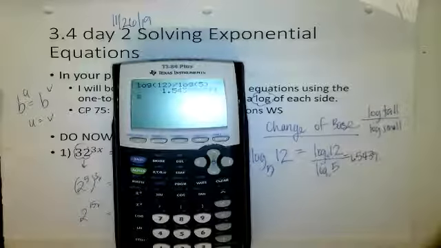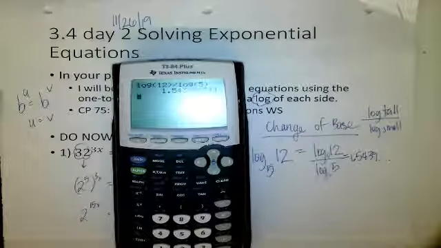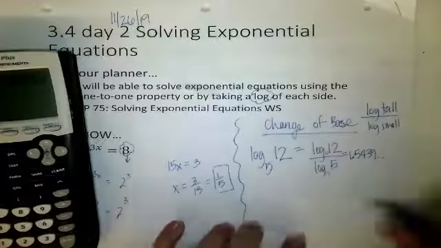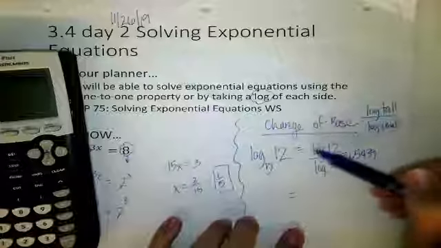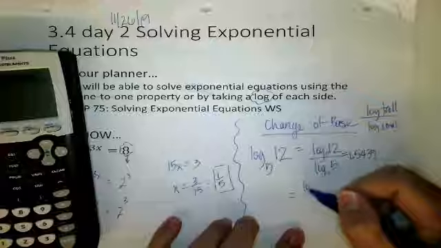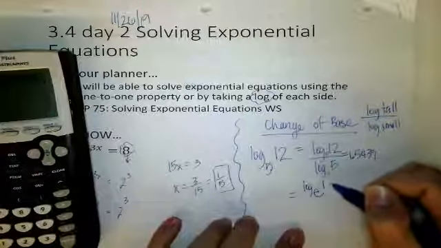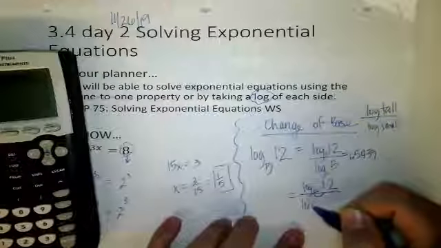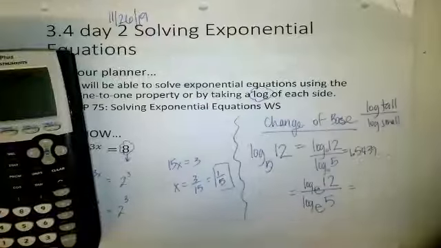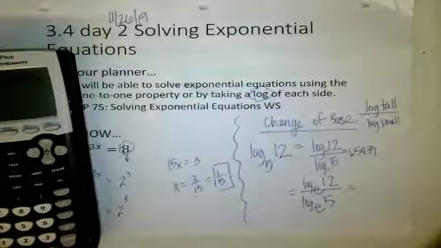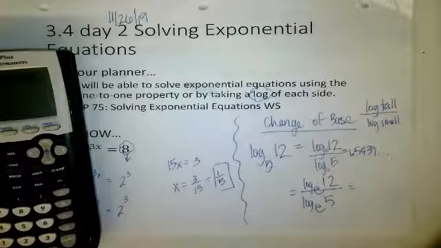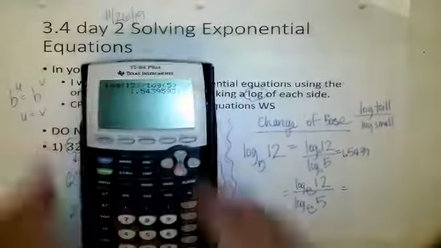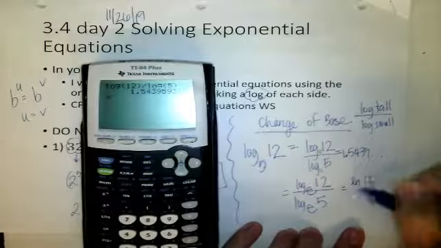It turns out that change of base really could be any base we want. So I could say it's log base e of 12 over log base e of 5. And what's log base e? Natural log. We have a button on our calculator for that.